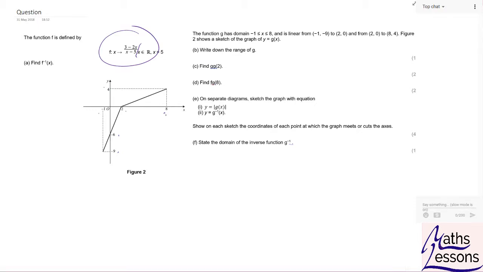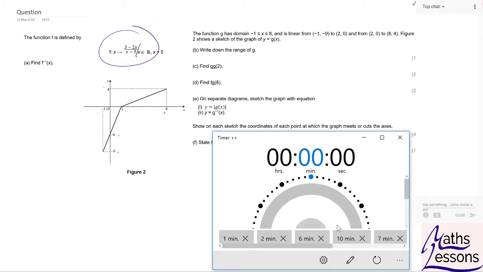I'm going to give you, it's a long question, this one actually. I've got a 10-minute one. That should be a good starting point because it's a long question. So have a go at this.